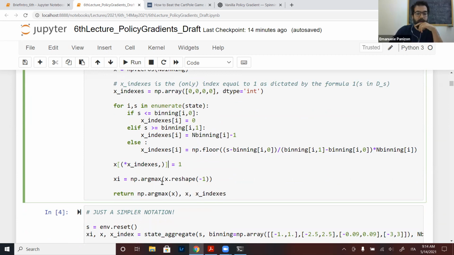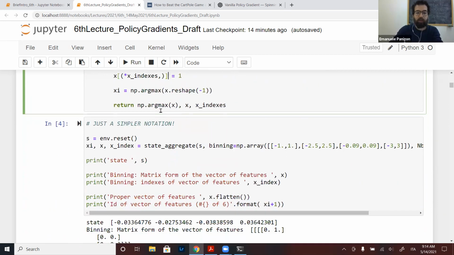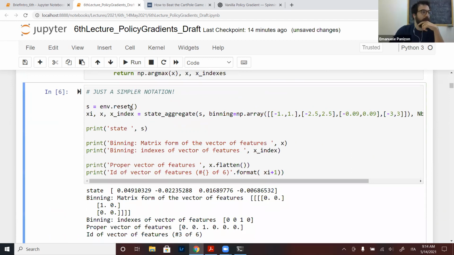Okay, so just to introduce the simpler notation we are using today. So S is the state, so the environment is going to reset, so we have this state. And then this function is going to give us 3 objects. The first one, xi, is the one we will use. And it's going to be just an index which tells us whether we are in the 1st, 2nd, 3rd, 4th, 5th, or 6th region.